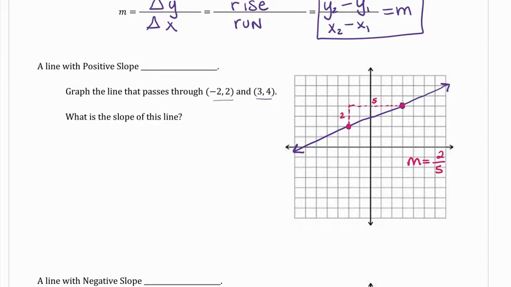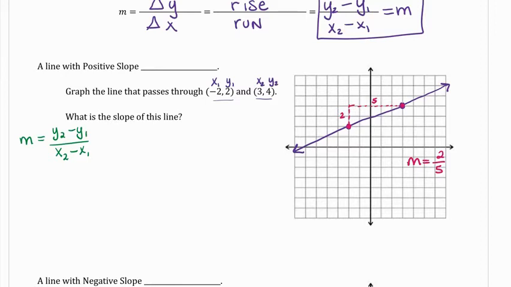Another way to find our slope is we can use our formula that we just wrote down up there. So we've got m equals y2 minus y1 over x2 minus x1. And then we're going to plug in our point values. I think it's very useful here if you label your points. So my (-2, 2), that's my first x value and my first y value. And (3, 4) is my second x value and my second y value.